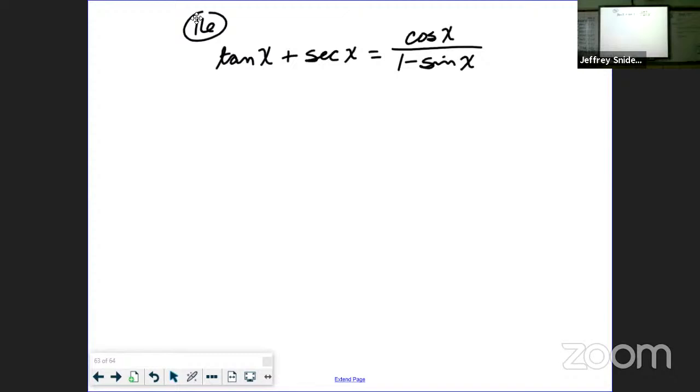What squared can I do? Sine x minus 1. Oh, yeah, you can make it squared.